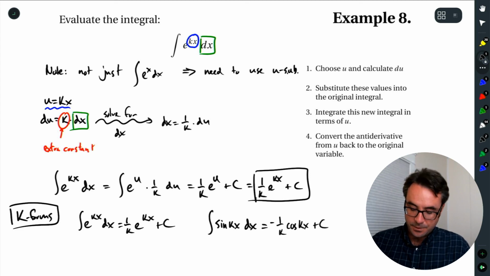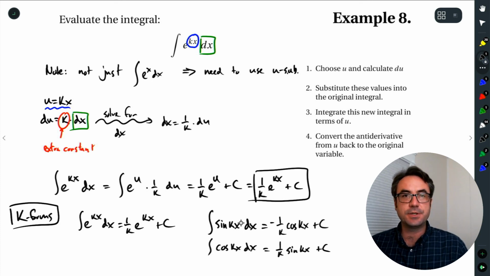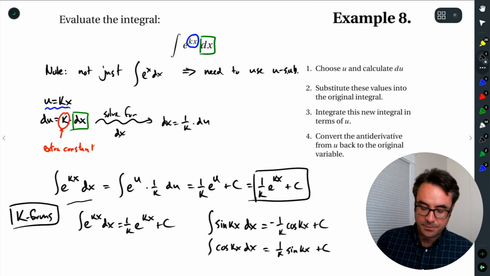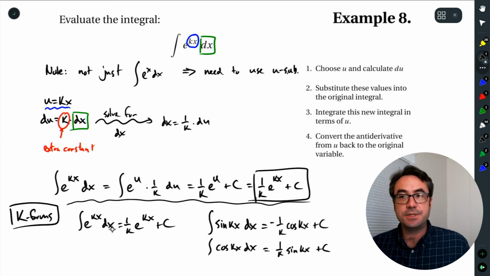And then there's one for cosine as well, cosine of kx. And that's just 1 over k times sine of kx. So these are special enough, and they're more frequent enough, that you'll probably have these memorized, and it'll be helpful for Calc 2 to have these memorized. But the way you would do each of these is with u substitution, and it would be the same substitution. Let u equal k times x.